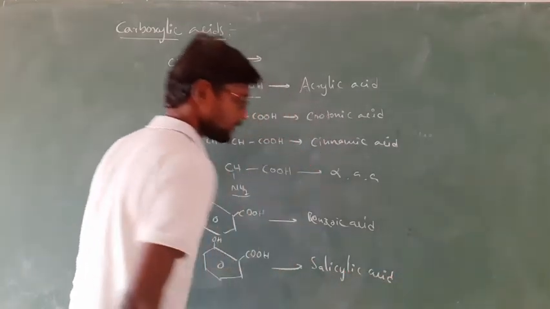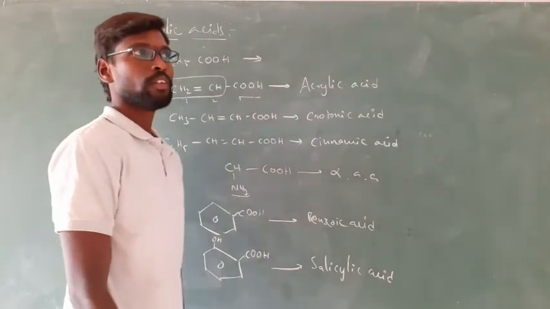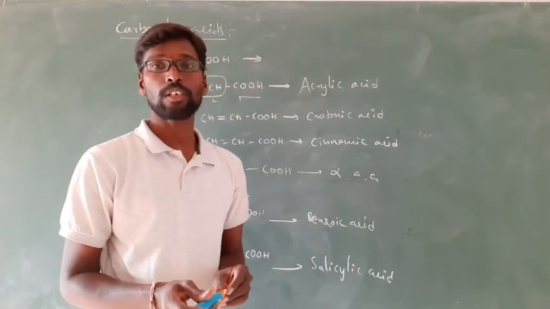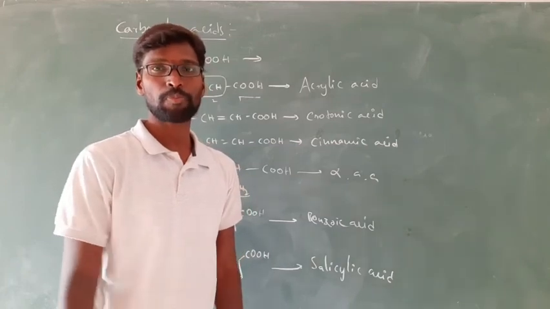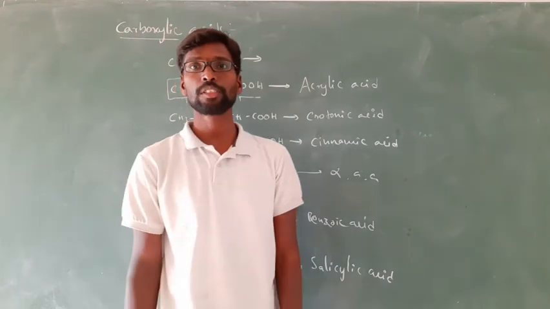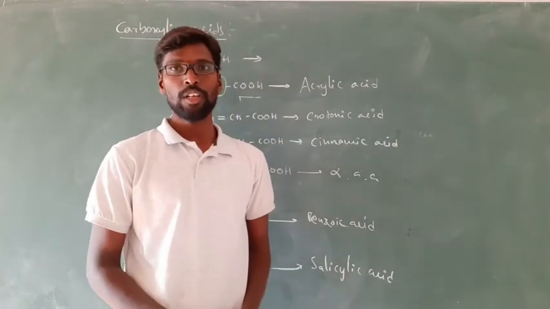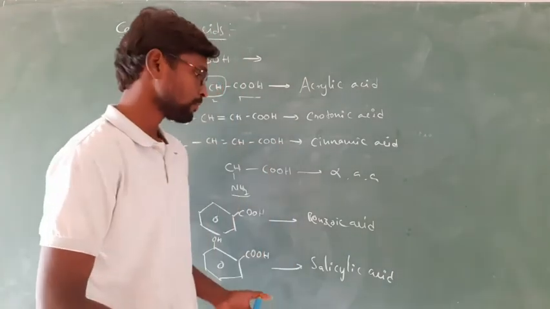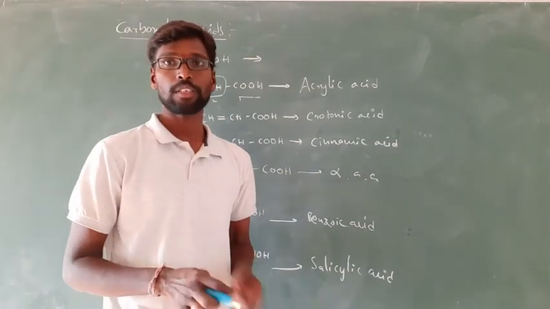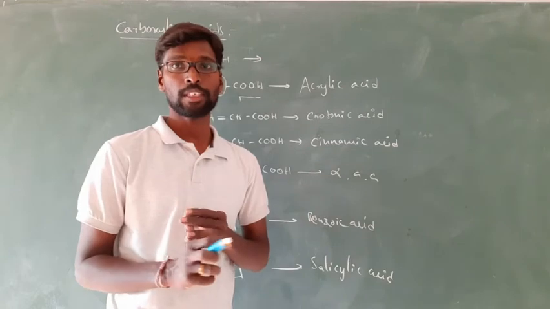So salicylic acid is used in skin treatments. Salicylic acid is used in medicines or creams, which are used for skin protection or skin allergies. The best example is corn caps, right? Corn caps you will get in a medical shop.